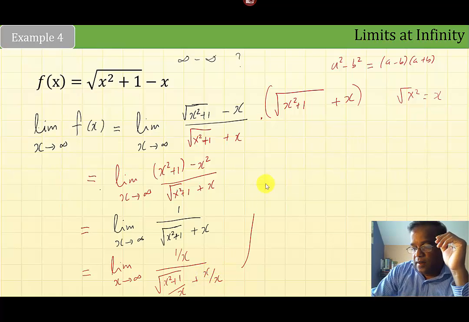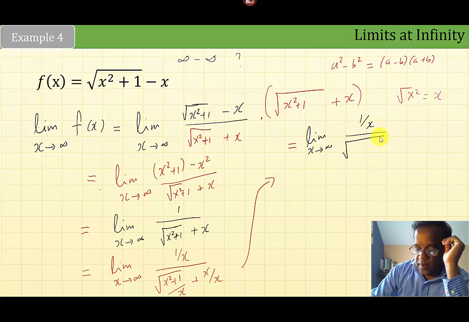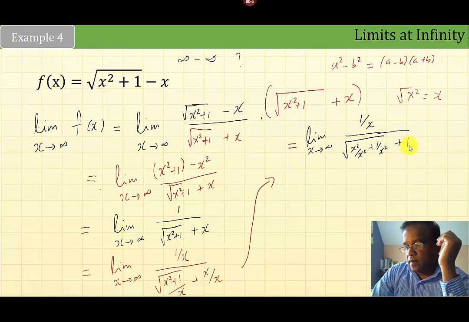So here we get the limit as x goes to infinity of 1 over x over... What do you think over here? When x goes inside the square root, it becomes x squared. So that is the same as x squared over x squared plus 1 over x squared, and then you have plus x over x, which is equal to 1. Again, we can still simplify.